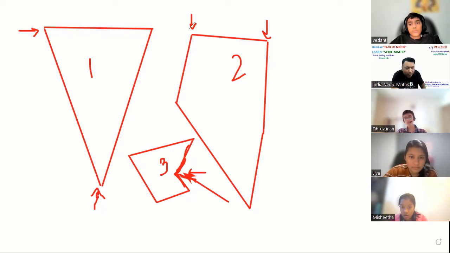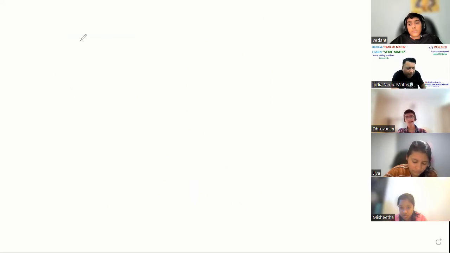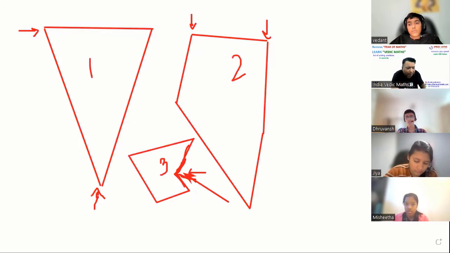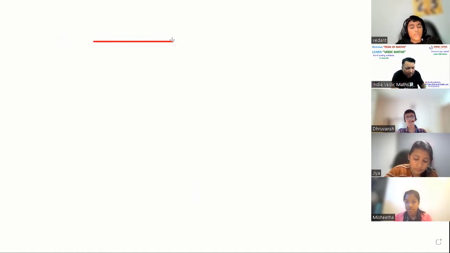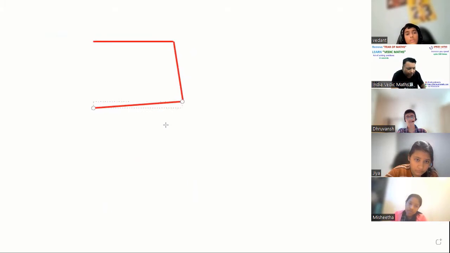Sir, I have a question. Ask me please. So you see, for example, number 3 is concave. If you draw a convex figure on the other side of question number 3, then would it be concave or convex? So you mean you are trying to say if I draw like this, are you asking me this?